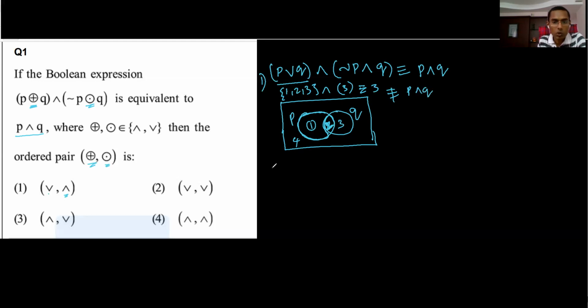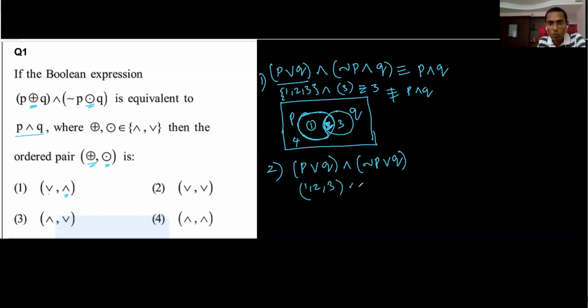Now the second answer is this, R and R. So P or Q, and here also negation P or Q. P or Q, I already told you, should be 1, 2, 3.